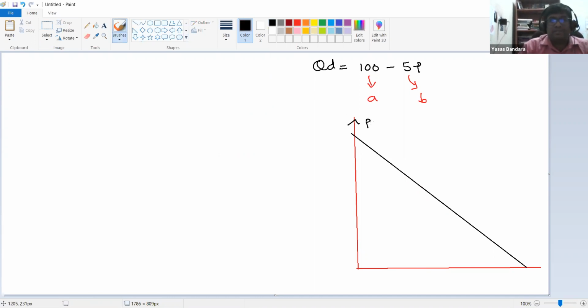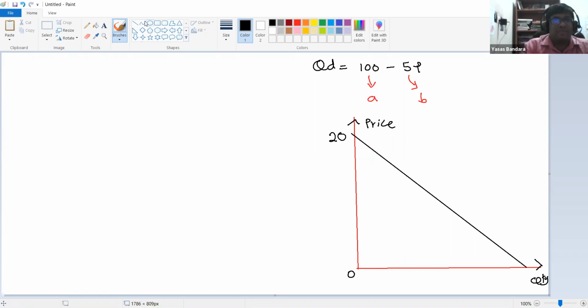This is price, this is quantity, this is 0. So here, if you divide A by B, 100 by 5, that will be 20. We understand this as maximum price. Below this, there will be any price that will take place in the market, like 15 or 10 or 5.